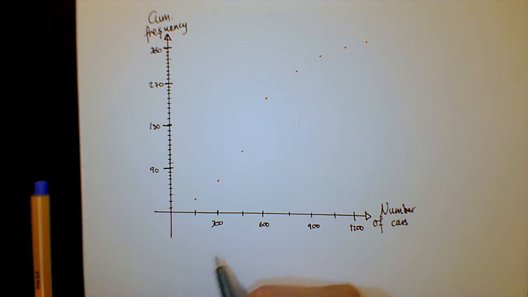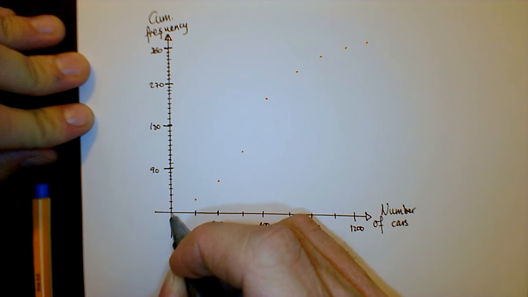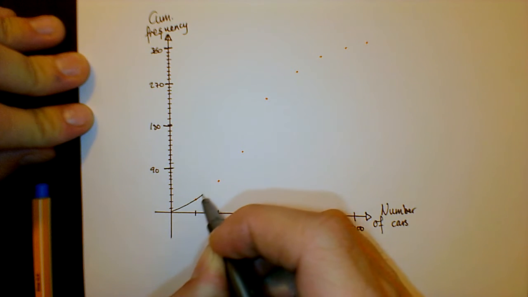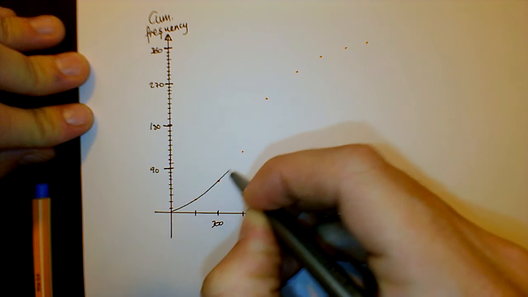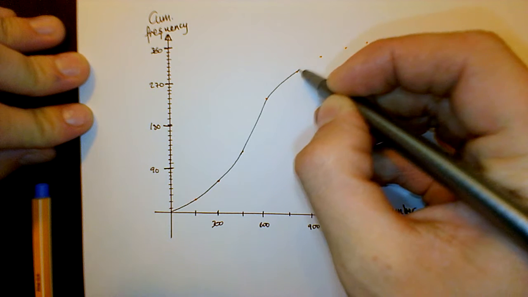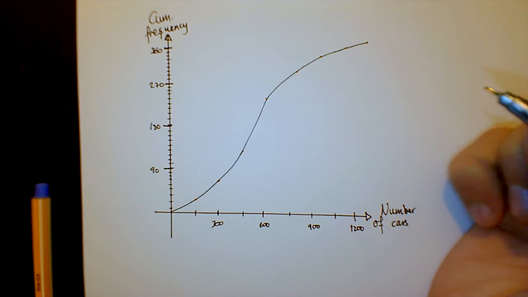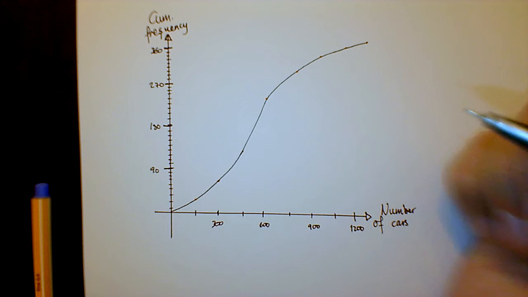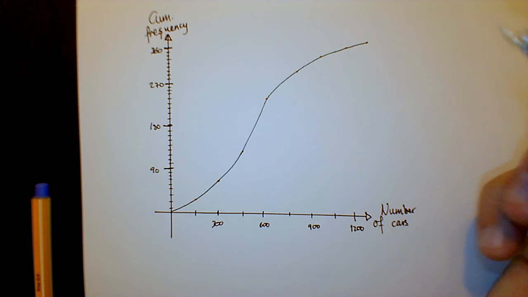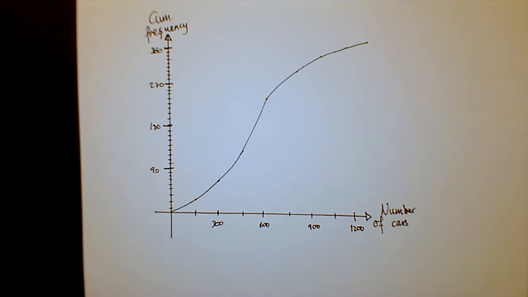So then when we are drawing the cumulative frequency graph, we have to connect these dots. So then we do that. And there you go, that's a cumulative frequency graph to represent this information. For B, we are to find the median and the interquartile range.